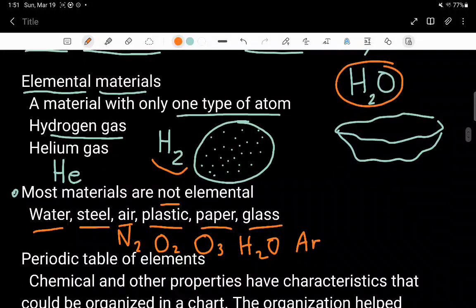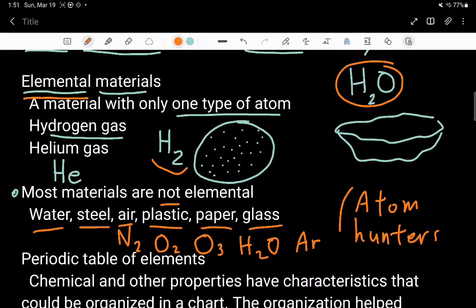So the notion of the elemental material was a really big idea long ago when early scientists, some of them element or atom hunters, were looking for an element that nobody else had ever seen, right? So it's kind of like searching for very novel materials. And this is early careful chemistry.